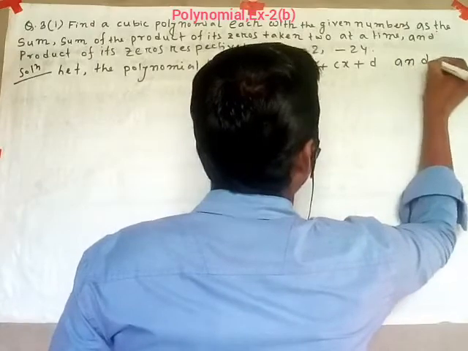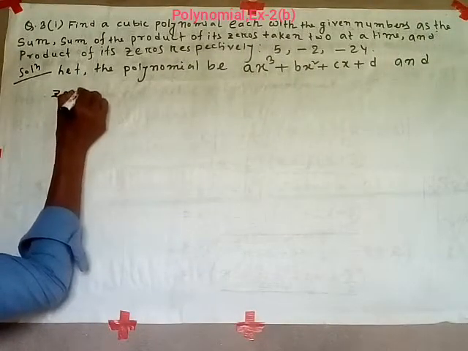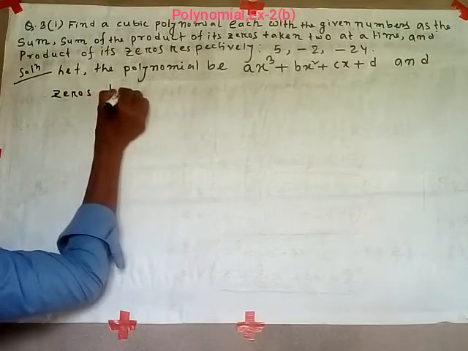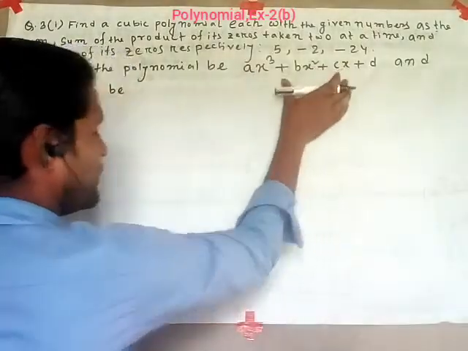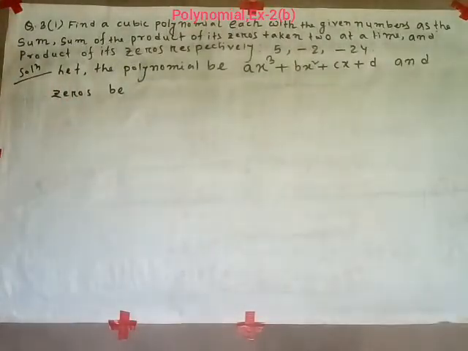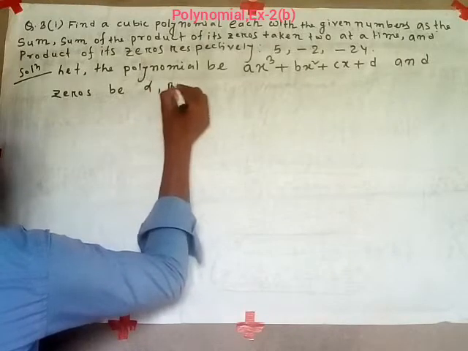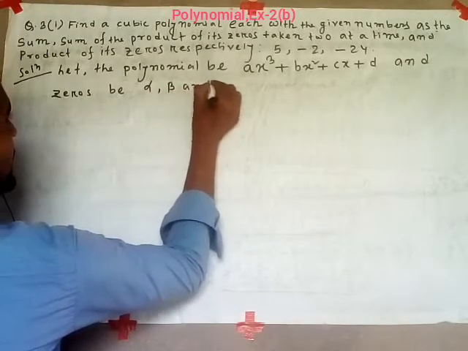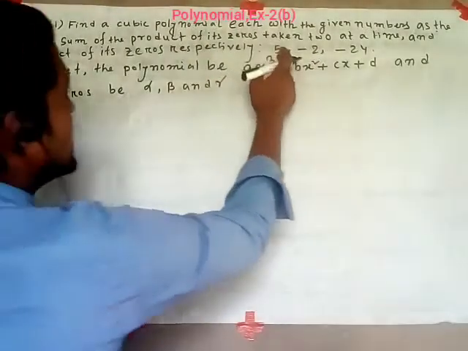If this is the cubic polynomial form, then zeros will be alpha, beta and gamma.